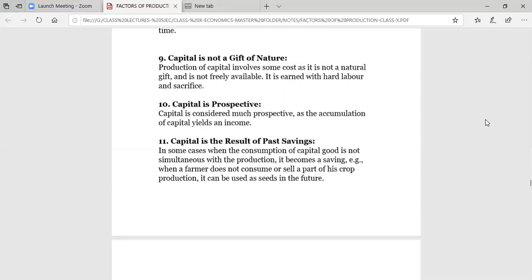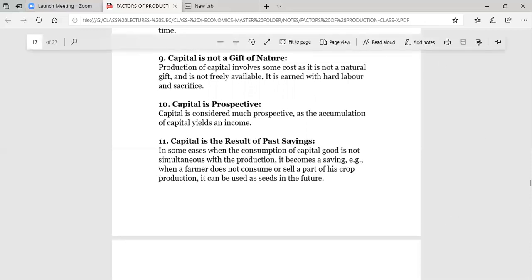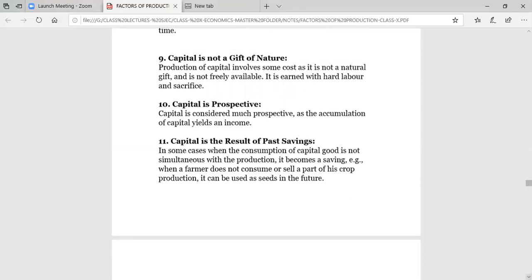It is the result of past saving. Whatever you produce, you are selling, and you are keeping certain revenue for your future, and you are adding that past saving to the future capital. That is why it is called the result of past saving.